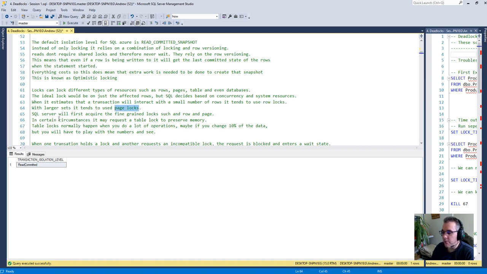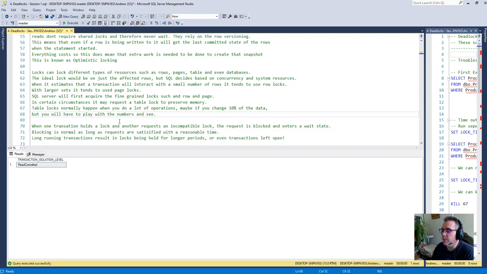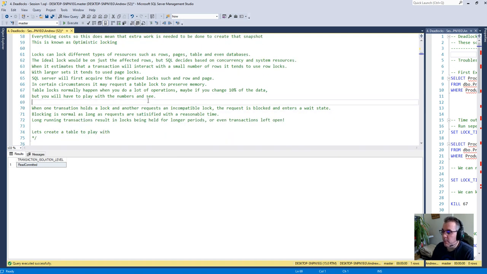SQL Server will first acquire the fine-grained locks, such as row and page. In certain circumstances, it may request a table lock to preserve memory. Table locks normally happen when you do a lot of operations, maybe if you change 10% of the data, but you will have to play with the number and see. Table locks are bad in the long run because they lock the whole table so other things can't access it. So ideally row and page locks, but there will be times when you maybe need a table lock.